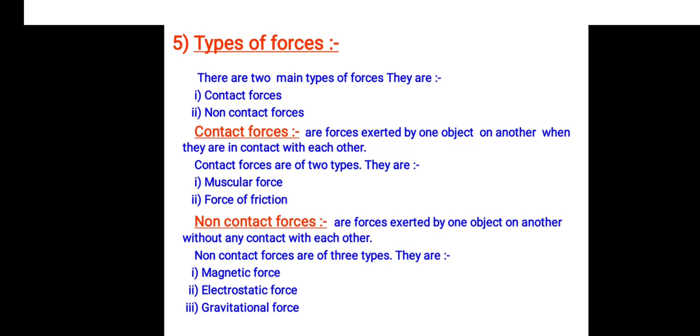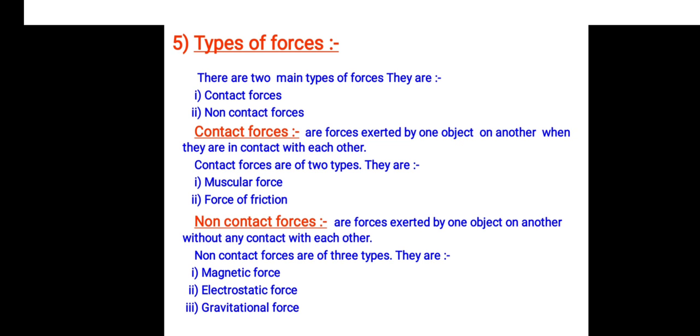Non-contact forces are of three types: first, the magnetic force, which we will explain in the next slide; second, the electrostatic force; and third, the gravitational force.